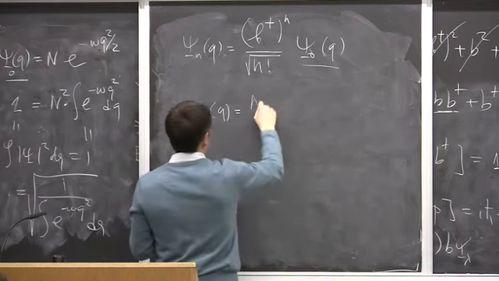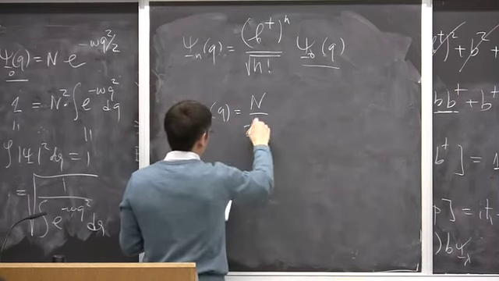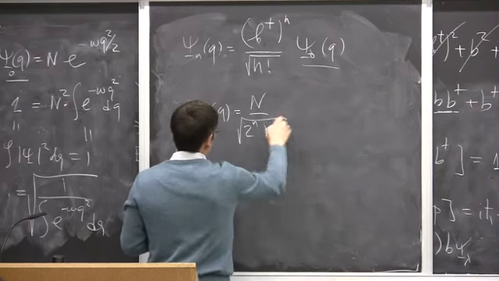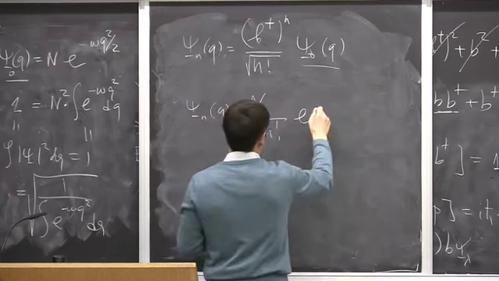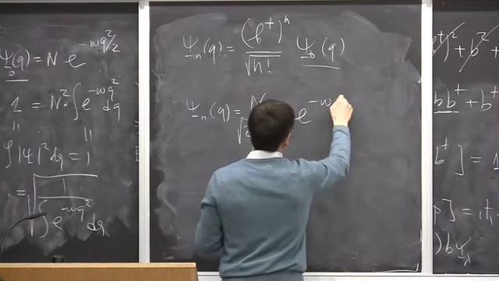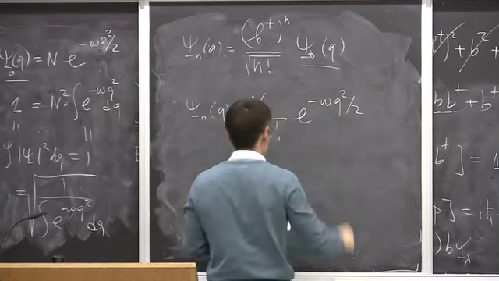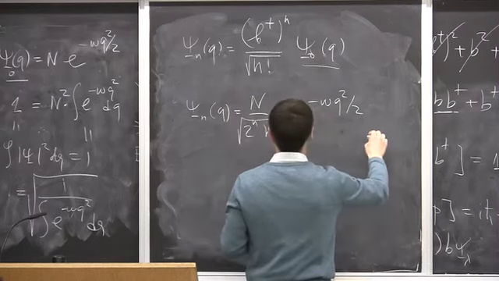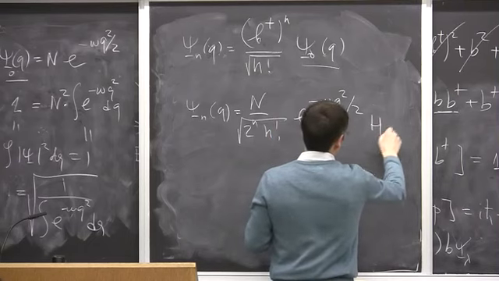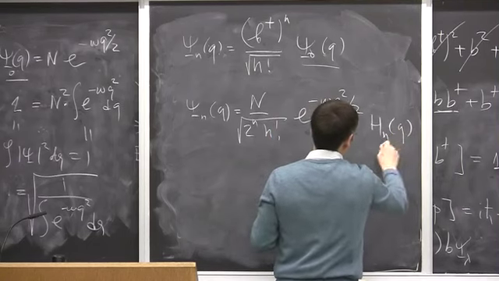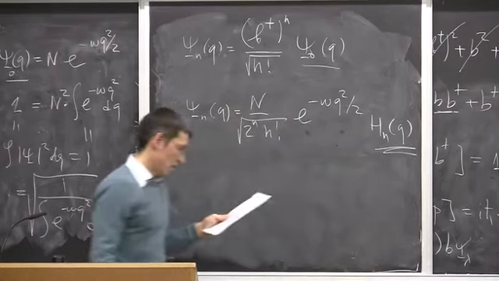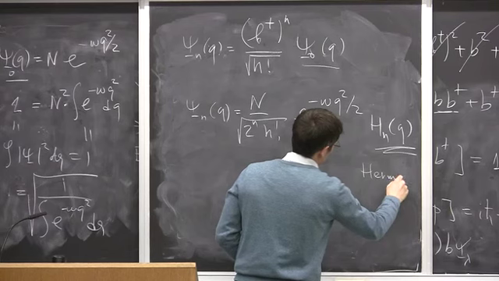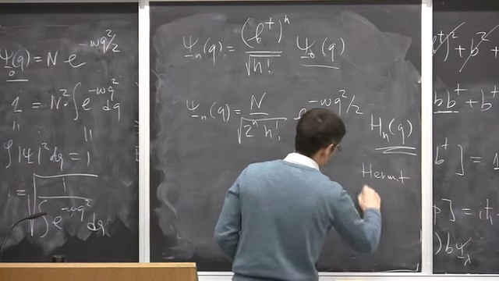Because it has a name. So if you do that, with the n factorial, another expression one can write is omega q squared divided. This is a part that comes from the zero order, and then the complication comes from these functions. They are Hermite polynomials.